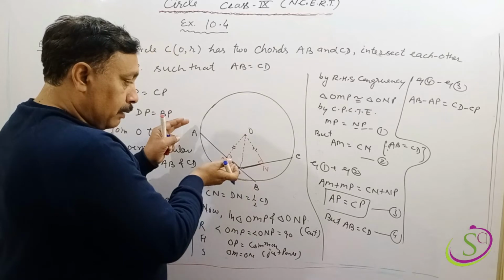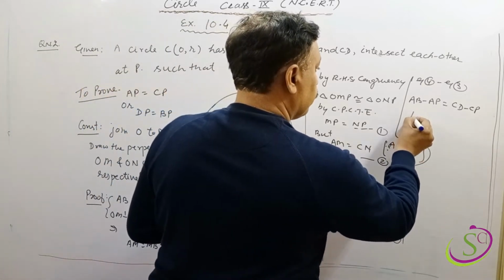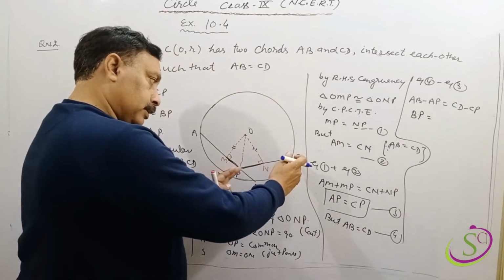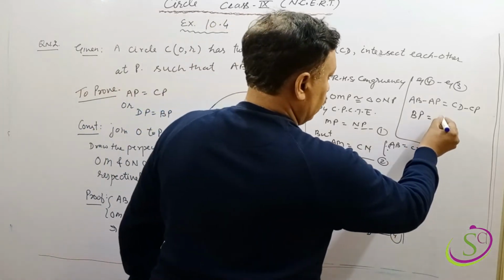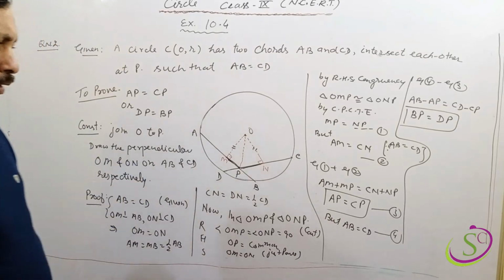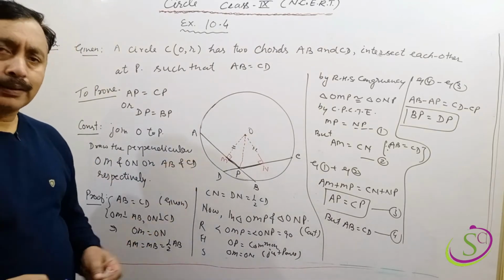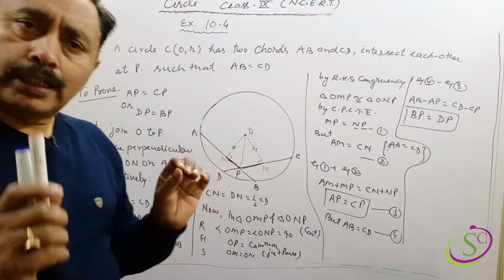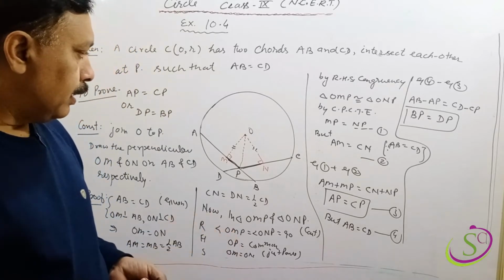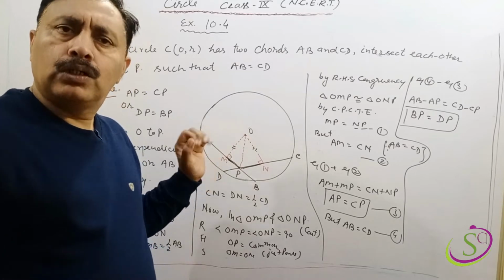From AB, if we subtract AP, what will be left is only BP, and from CD if we subtract CP we get DP. Is it clear? Only two statements are used here. One is equal chords having equal distances from the center, and the other is the perpendicular from the center bisects the chord.